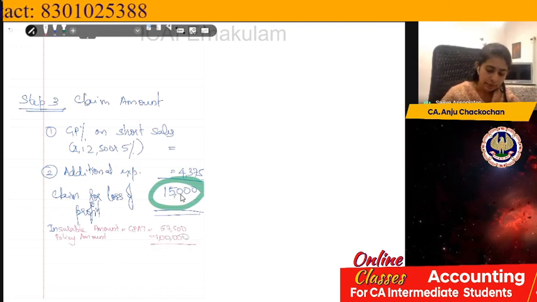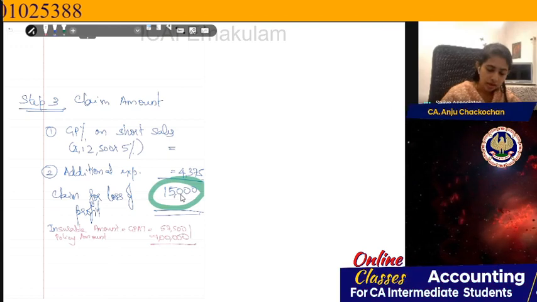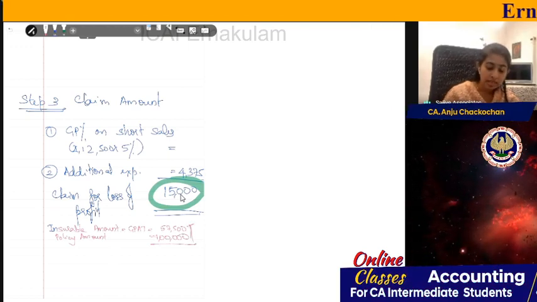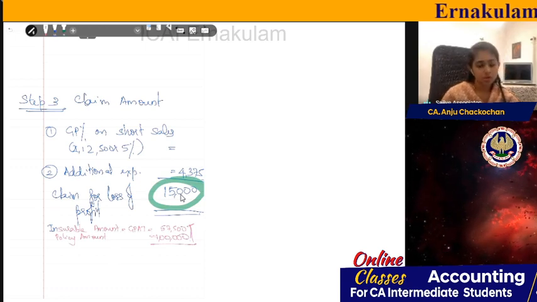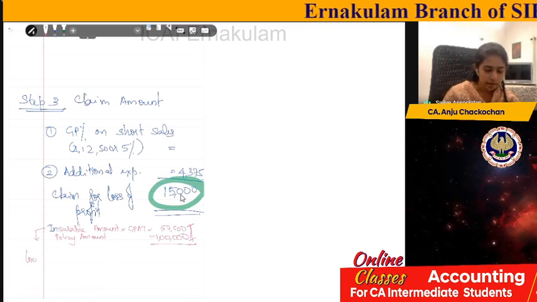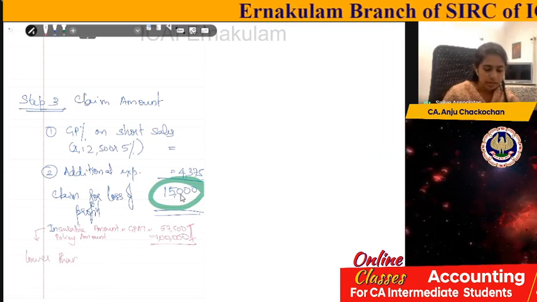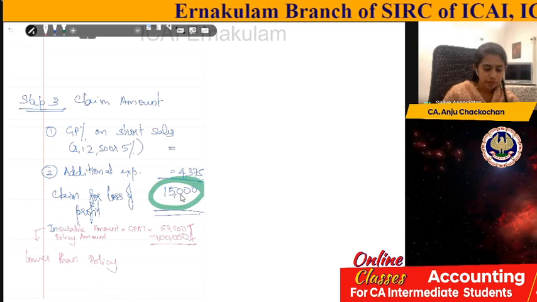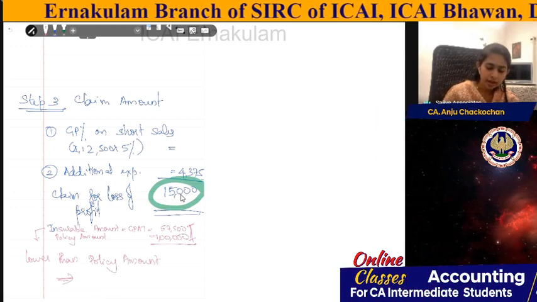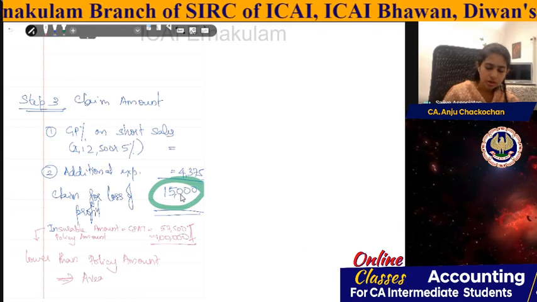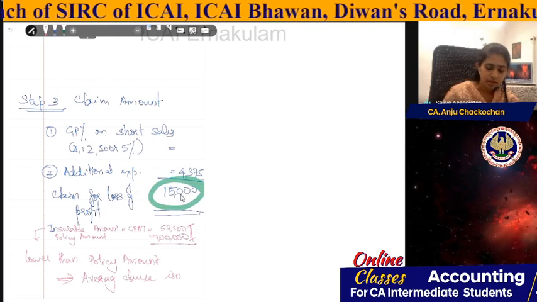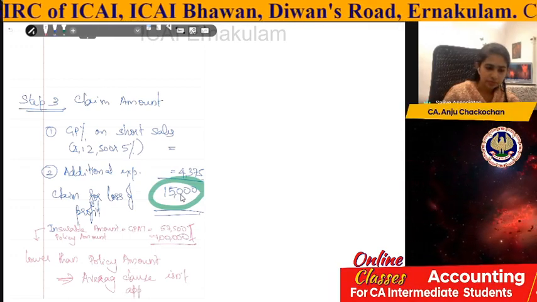So it happens to be that the insurable amount is lower than the policy amount, and hence you don't have to apply average clause. Average clause is not applicable.